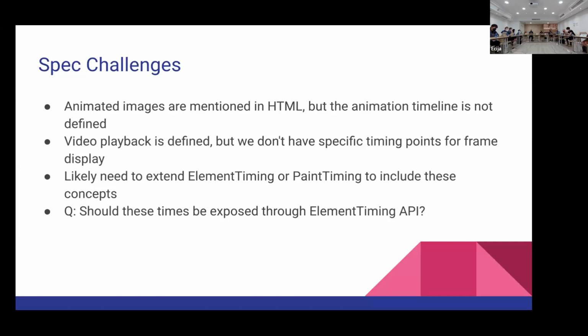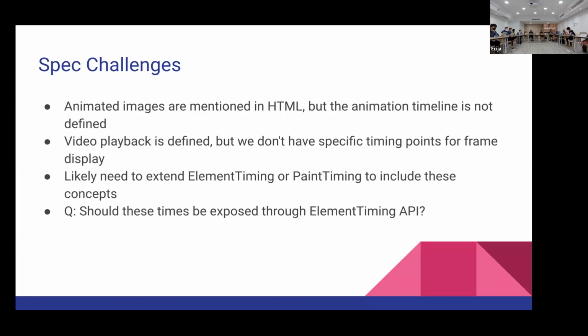There are some challenges in getting this into the spec. Animated images are currently mentioned in HTML, as a possibility for the content of an image element. But the animation timeline itself is not actually defined, and there's no sort of callbacks anywhere that say, at this point, an image has actually been presented.